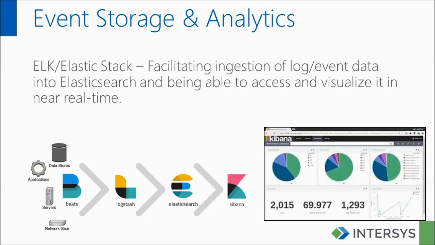So the idea is that you collect events from all these different types of data sources: web servers, network devices, the network traffic, application events, pretty much any kind of event that you might get out of a computer system.